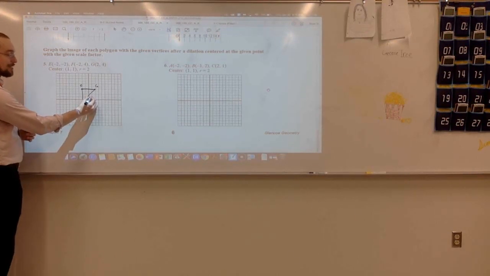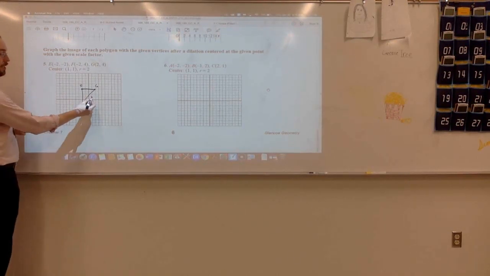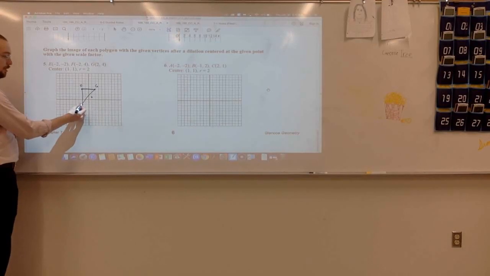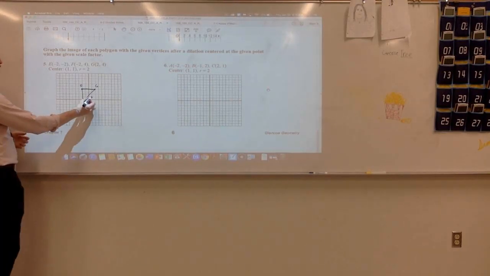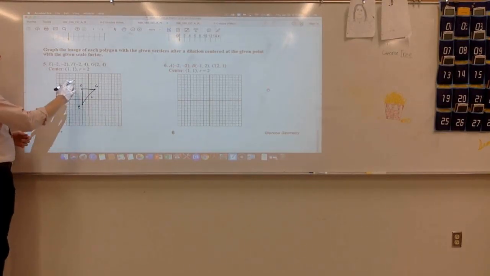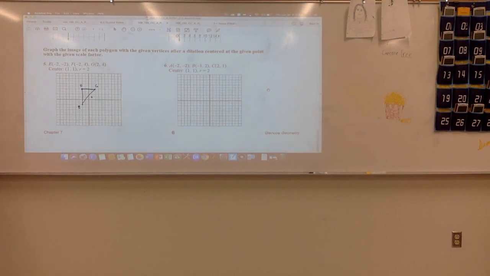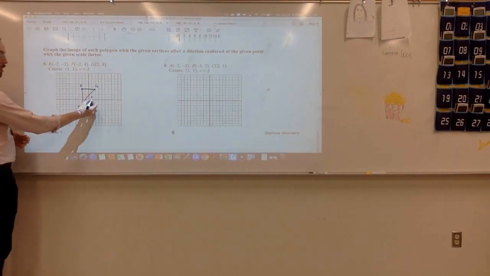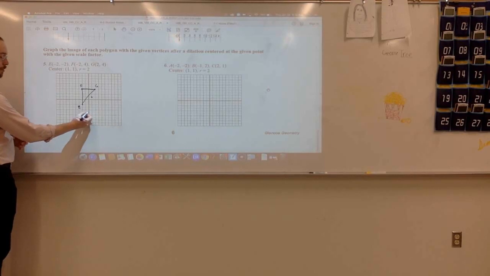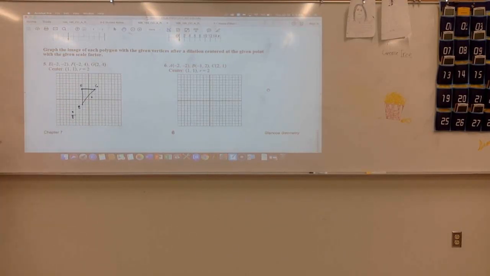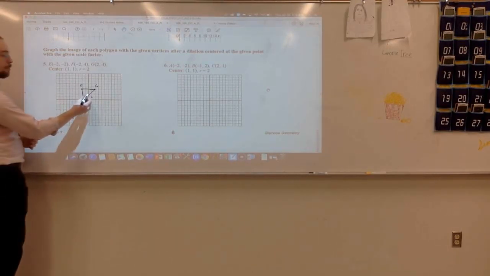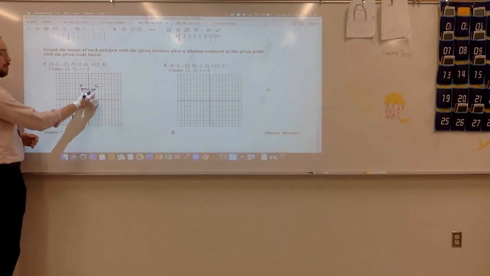What we need to do now is what we talked about, not using the shortcut essentially, right? So from my center of dilation, to get to E, I'm going down 3, left 3. Well, I want to just multiply those distances by my scale factor. So instead of going down 3, left 3, I'm going to go down 6, left 6 to get to E prime. So 3, 4, 5, 6, 1, 2, 3, 4, 5, 6. So E prime will end up right here. Just do the same thing for each point. For F, I'm going up 3, left 3.